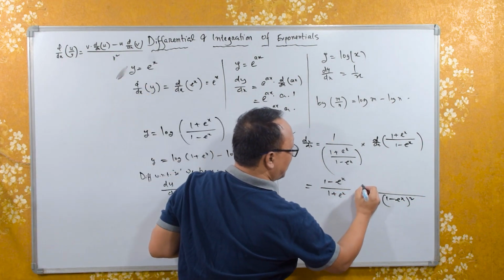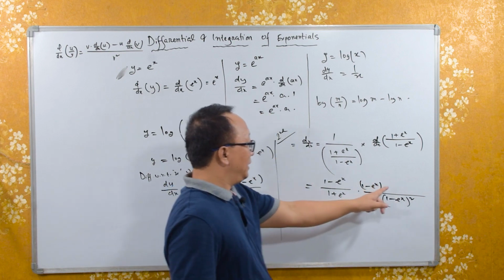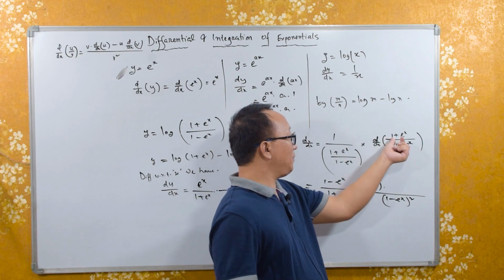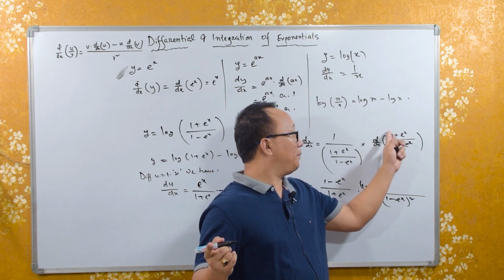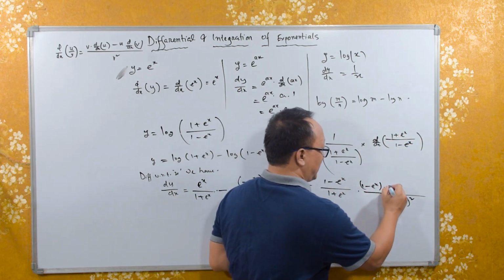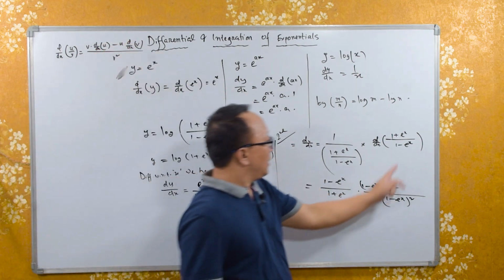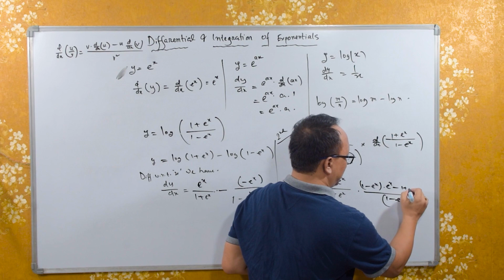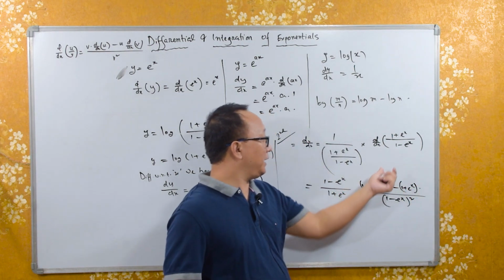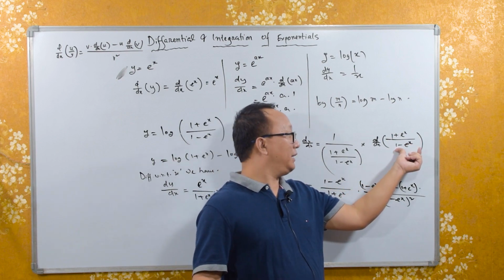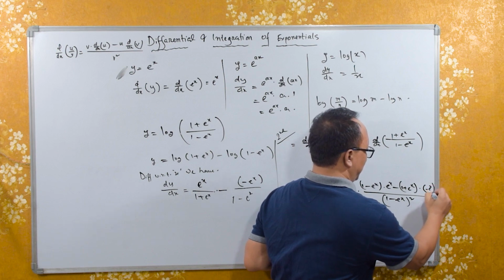The numerator: keeping 1 minus e raised to x as it is, again differentiate 1 plus e raised to x with respect to x. 1 is constant, e raised to x is e raised to x, so 0 plus e raised to x is e raised to x. Minus, because of the formula, 1 plus e raised to x into d by dx of this. Here 0 minus e raised to x, so again minus e raised to x.